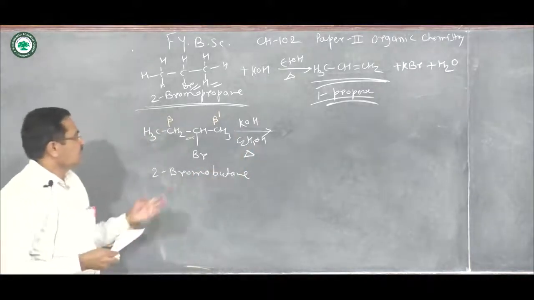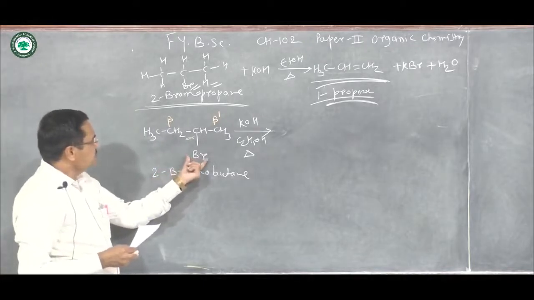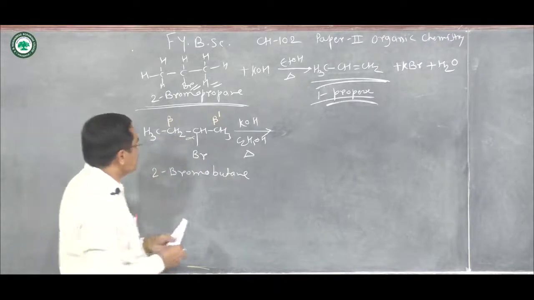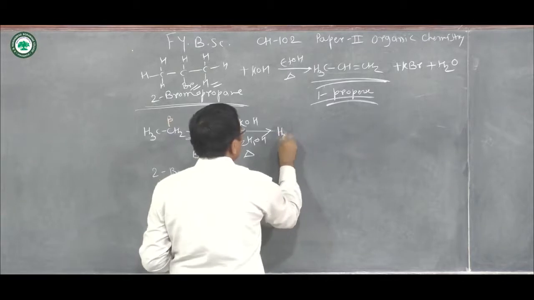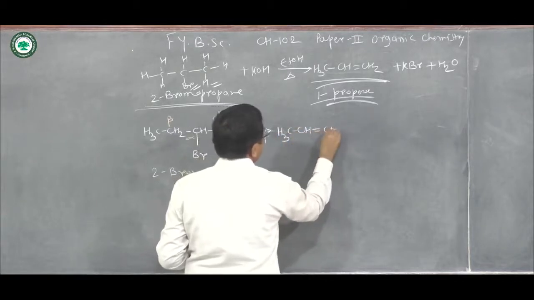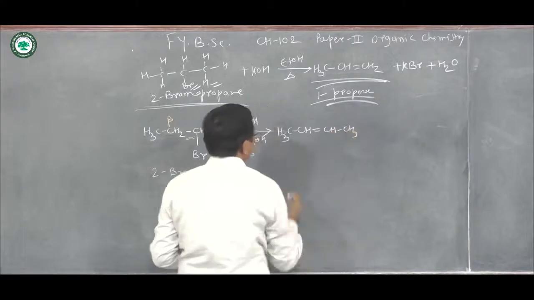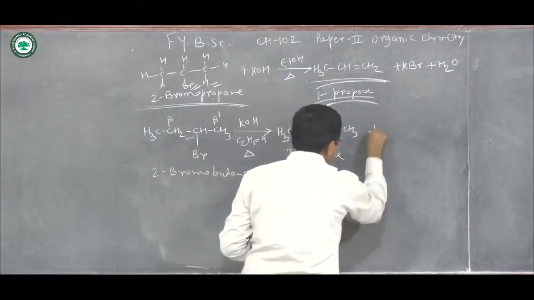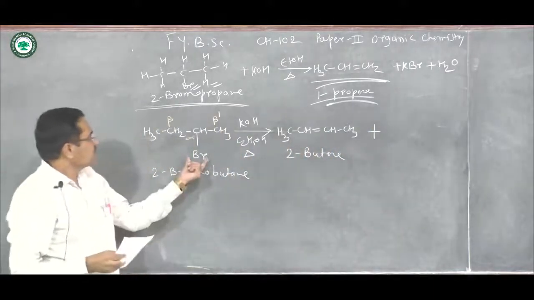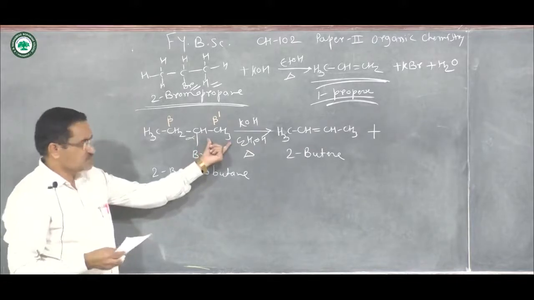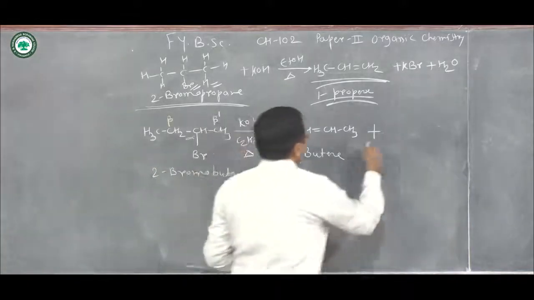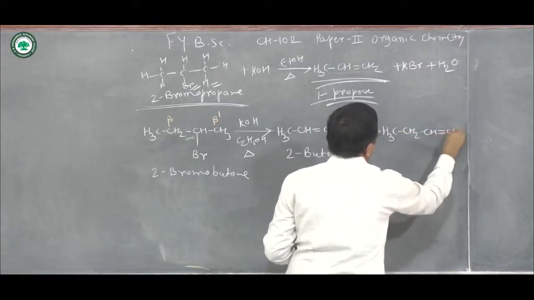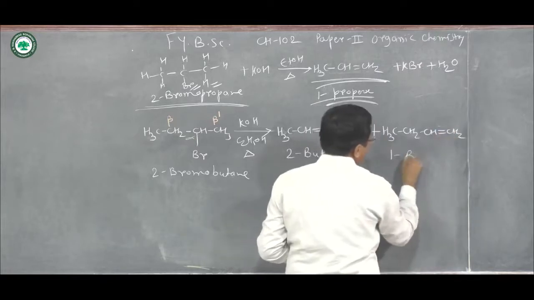Okay, now suppose here this Br and beta hydrogen is removed, then we obtain CH3CH double bond CH3, we obtain 2-butene, plus here Br and beta dash hydrogen is removed, then we obtain 1-butene.